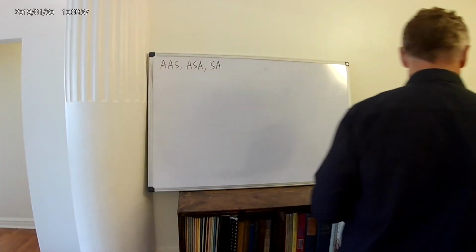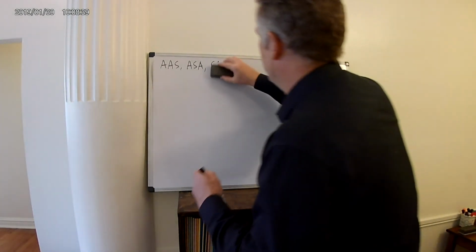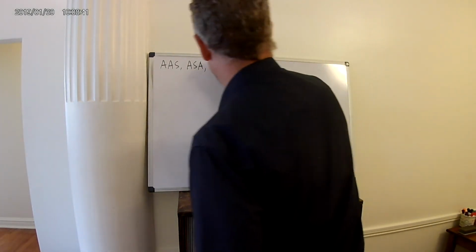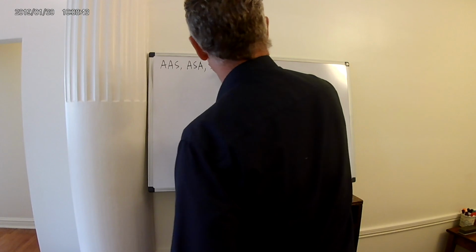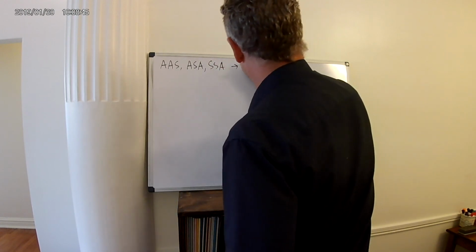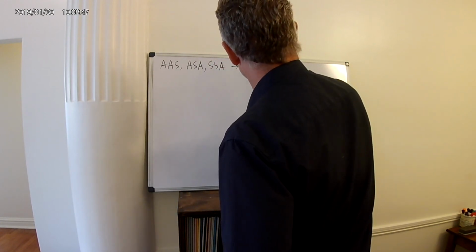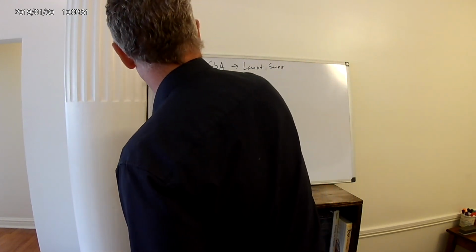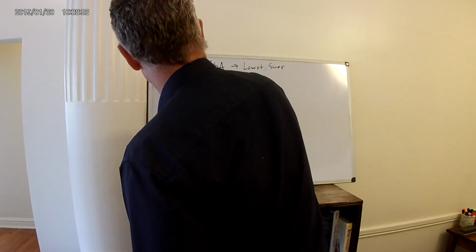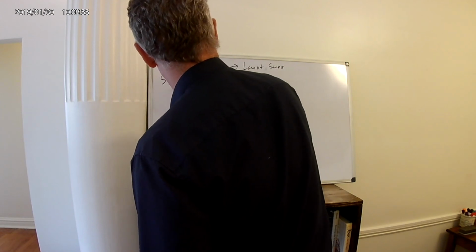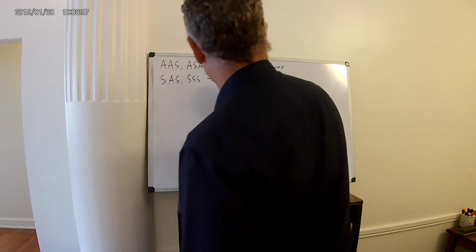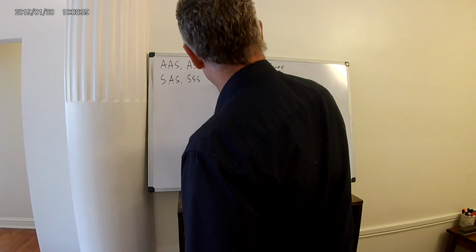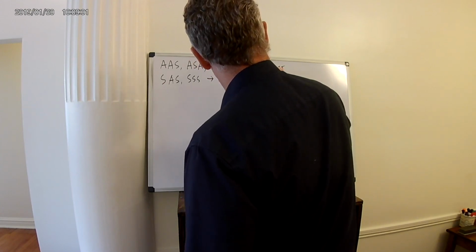Excuse me, SAA triangle, come on, David. And we've dealt with an SSA triangle. All of these triangles you can solve with the law of sines. And then today we learned about some new triangles. We learned about an SAS triangle and an SSS triangle. And these you can solve with the law of cosines.